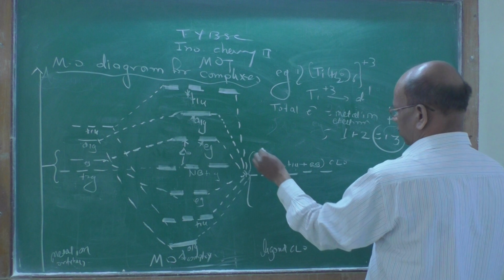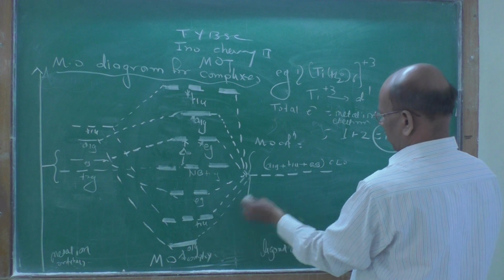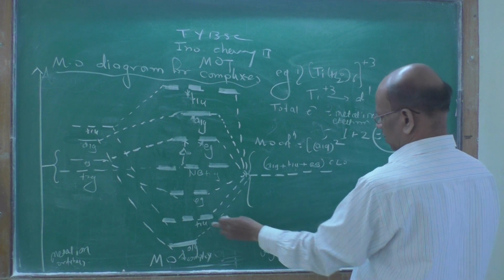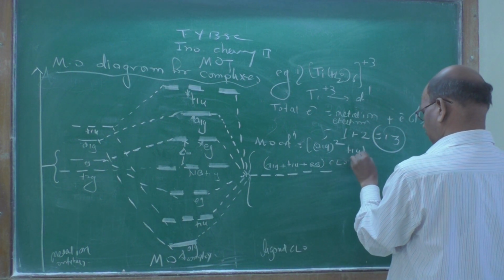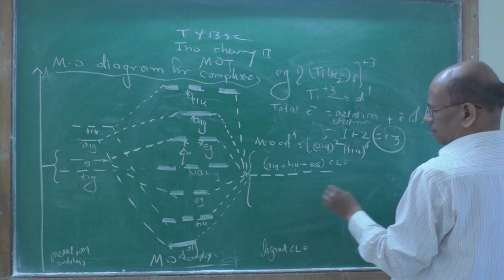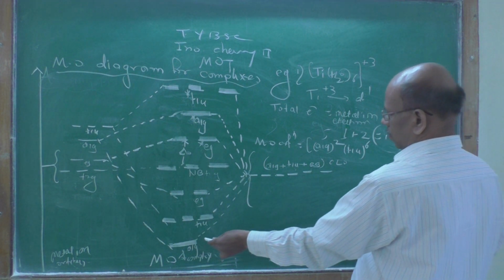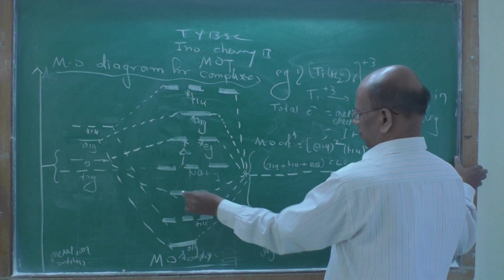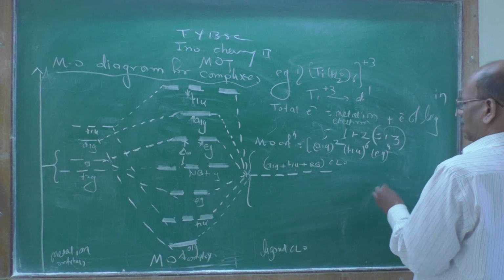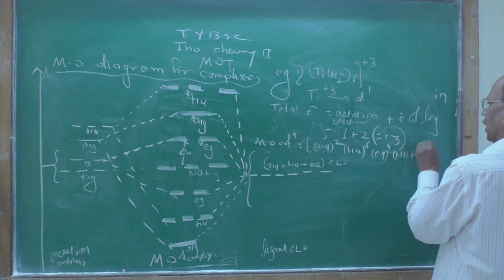Then the MO configuration: a1g contains 2 electrons, t1u contains 6 electrons, then eg contains 4 electrons, and the non-bonding t2g contains only 1 electron.